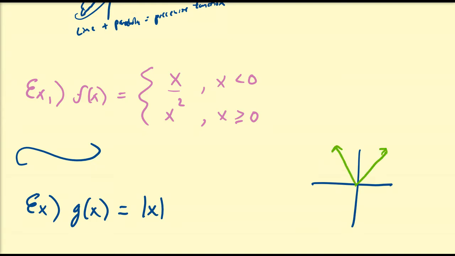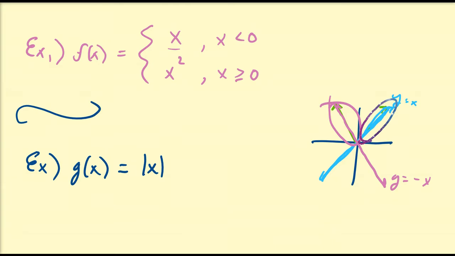But notice that this curve is actually the piecewise function of two functions that we know, because we know that this line in blue is y equals x. We also know by our transformation knowledge that this line here is y equals negative x. So the absolute value is just a piecewise function of two curves: y equals negative x on the left, and y equals positive x on the right.